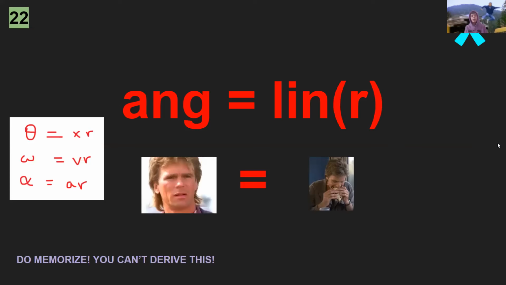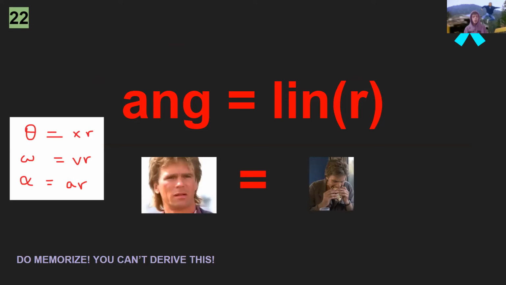All right, the last equation thing that you need to remember. This is something that's sometimes hard for people to remember, but it is very important. This may or may not be something that you see, but if you had to convert between a linear variable and an angular variable, this is how you do it. And this is not on the equation sheet.